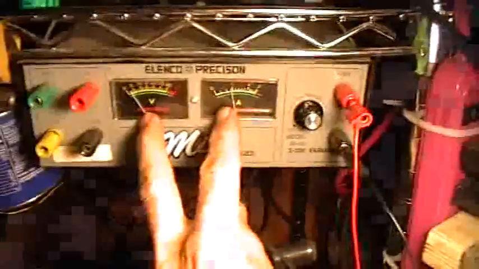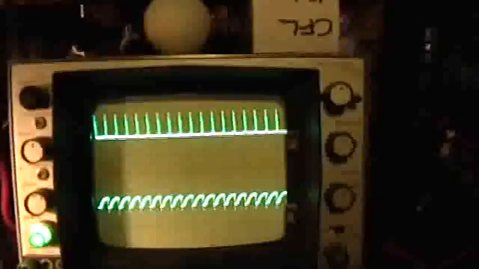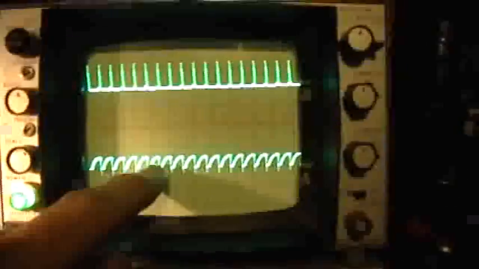Now I've got the knob all the way up to the top stop on the Elenco, and got a good bright neon, but that's all that we get. But you can see that the current has gone up, so we've got maybe 3 amps or so of current in the peaks, and then it averages out to about 1.3 amps or so.